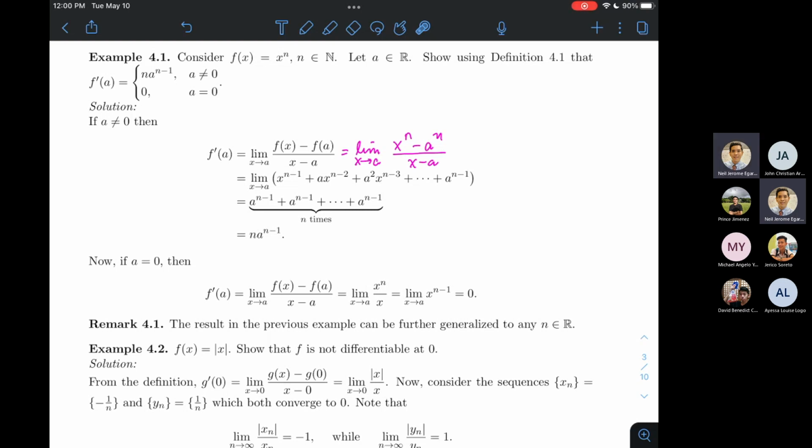Tama ba guys yung theorem? Yung example. Kapag problema ko kasi yung case na n equals 1. Kapag kasi n ay equal kay 1, so meron lang tayong f of x equals x. Tapos ang derivative niya ay 1.